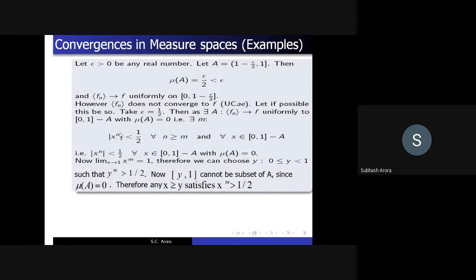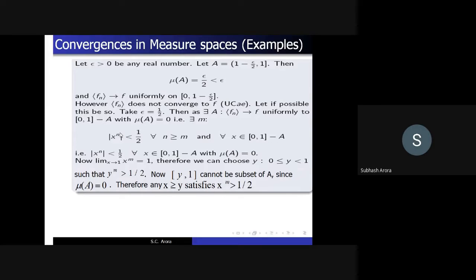Does fn converge to f uniformly almost everywhere? Let it possibly be so. Take epsilon equal to 1 by 2. Then there exists some A with mu of A equal to 0 such that fn converges to f uniformly on [0,1] minus A. That is, there exists M such that the absolute value of fn(x) is less than 1 by 2 for all n greater than or equal to M and for every x belonging to [0,1] minus A, with mu of A equal to 0.